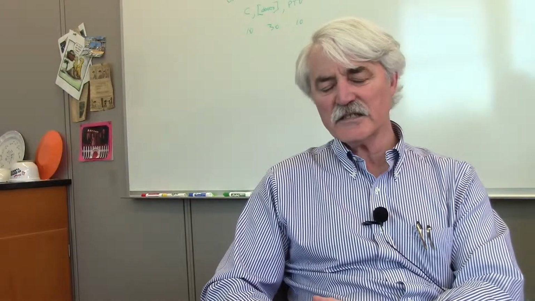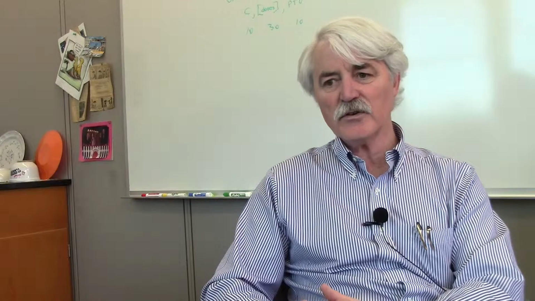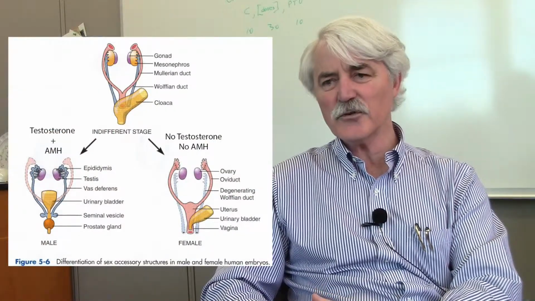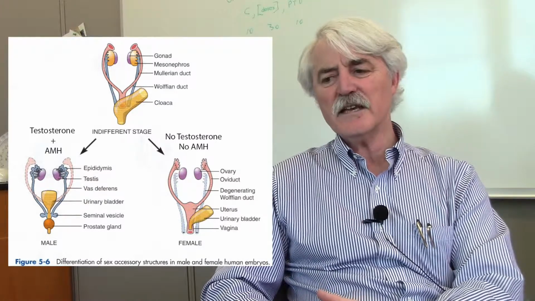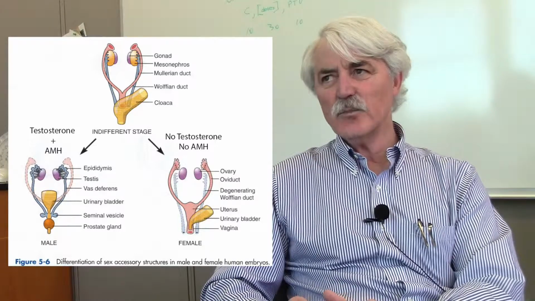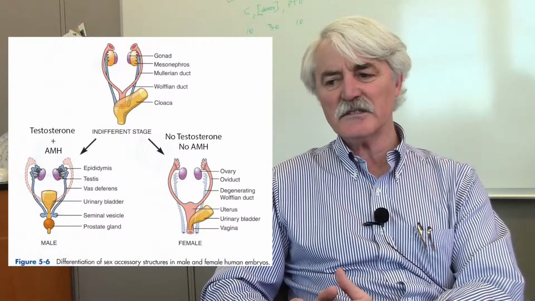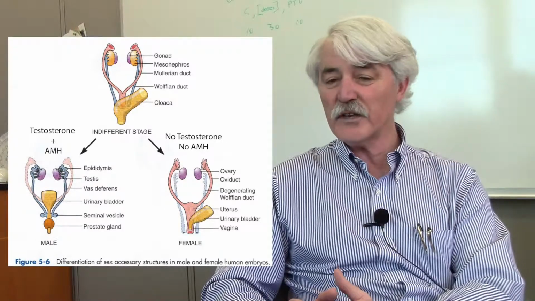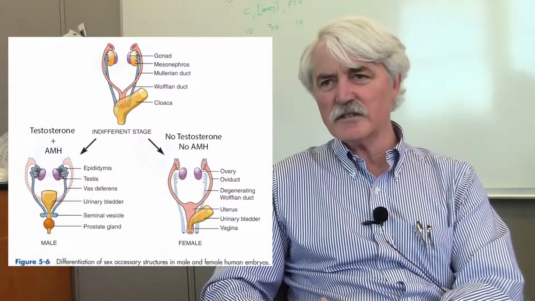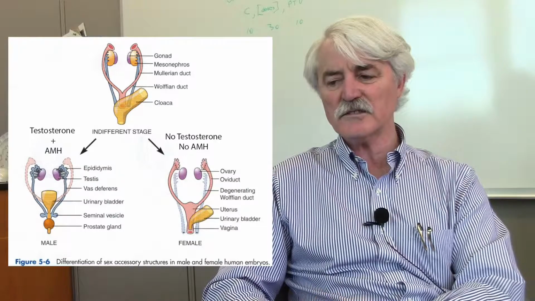So once the testis forms, two hormones are produced that are important to cause male sexual development. The first is testosterone. The second is the anti-Mullerian hormone, or AMH. When testosterone is produced, the first thing it does is begin to stimulate the growth of the Wolffian duct system that produces the vas deferens and different components of the male reproductive tubular system.